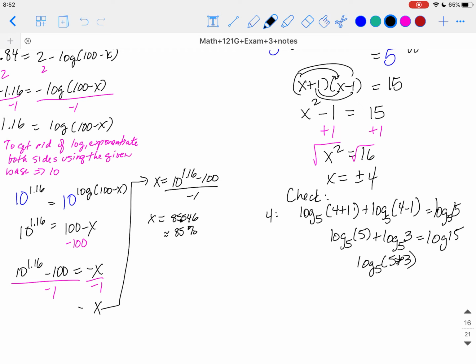Well, log base 5 of 5 times 3 using our properties of logarithms is going to be log base 5 of 15, so it works. So that's one way of checking it. You can also check it with your calculator. So x equal to 4 works.